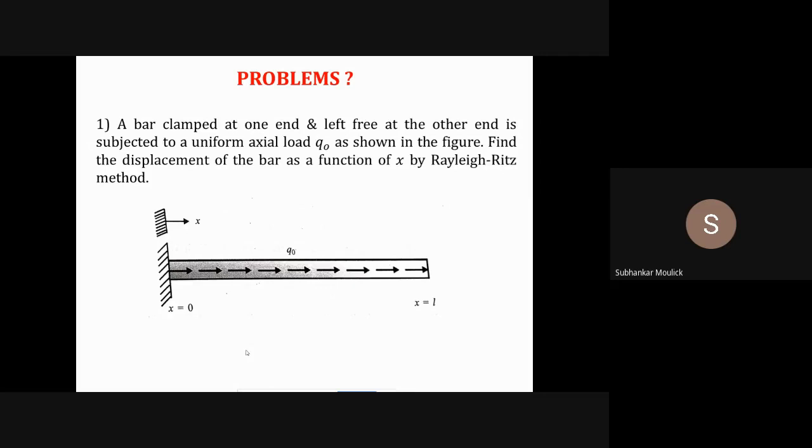Find the displacement of the bar as a function of x by the Rayleigh-Ritz method.